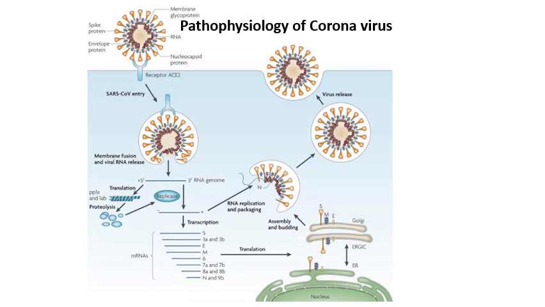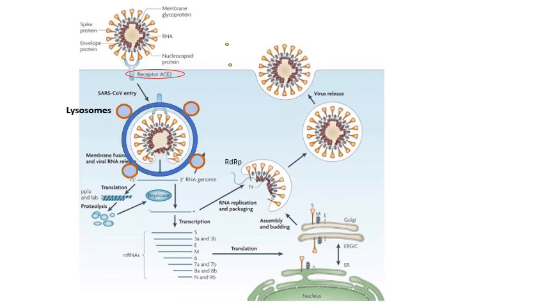Here first we'll discuss the pathophysiology of the coronavirus. This is very important because to target any particular protein, it is mandatory to know how the virus is infecting our host cell. The virus first enters through these ACE2 receptors, angiotensin converting enzyme receptors, and forms the endosomes.